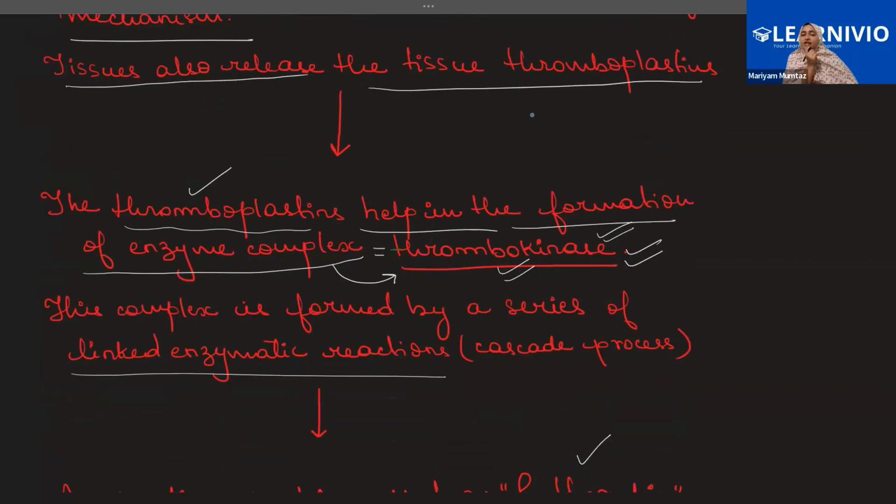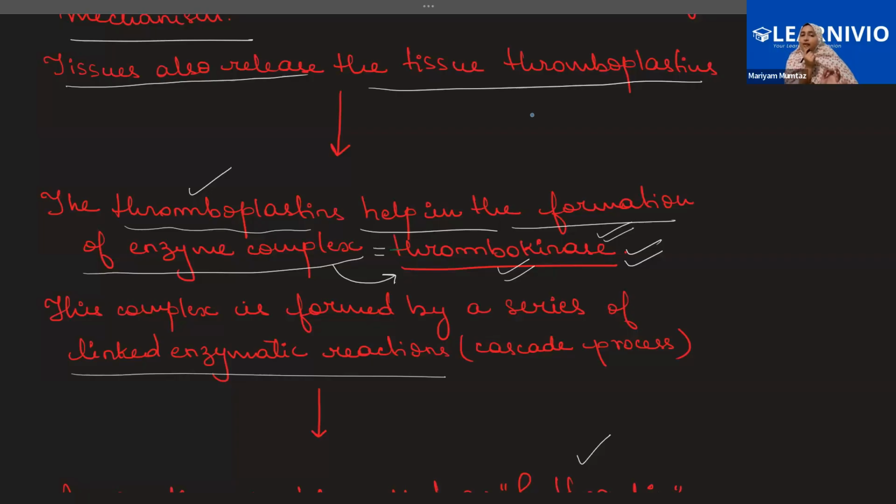Imagine it like, have you people seen that? I think it's called domino, that you place the small blocks and if you push one, all of it will fall, right? That is a domino. Same way, this whole entire mechanism of blood coagulation is just like a domino. It's like a cascade mechanism. One after the other, it is linked to each other.